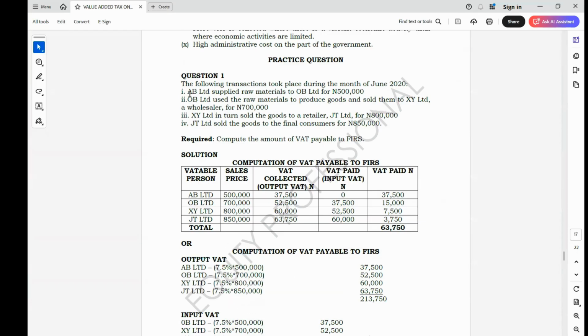When AB is selling at 500,000, that will give rise to VAT of 500,000 at 7.5%, which is 37,500. When OB is selling, that is 52,500. When SY is selling, that is 60,000. When JT is selling, 7.5% of 850,000, that will give you a total of 213,750.